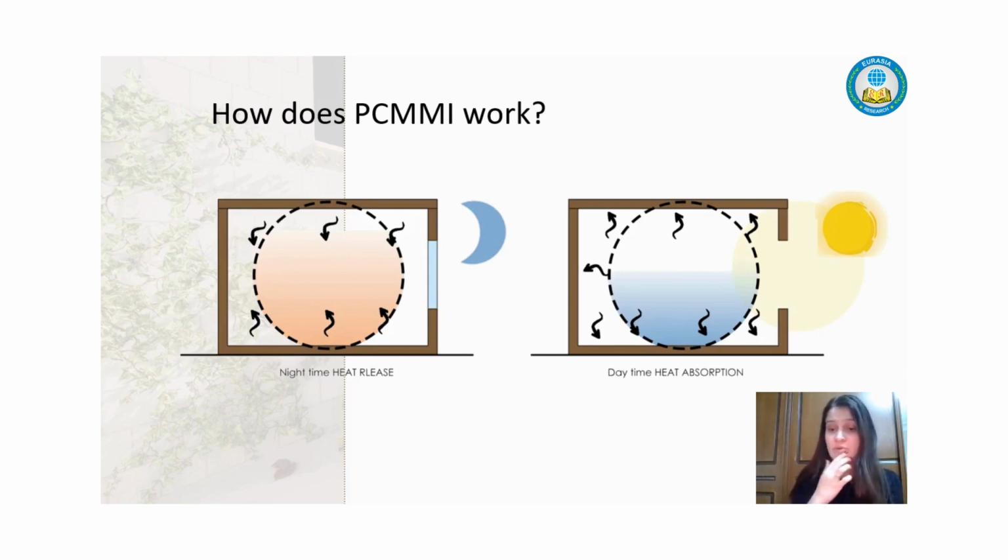While in nighttime or in colder days, the phase change material will release the heat that it absorbed before, releasing it in the enclosure and decreasing the amount of energy that we need to heat the interior.